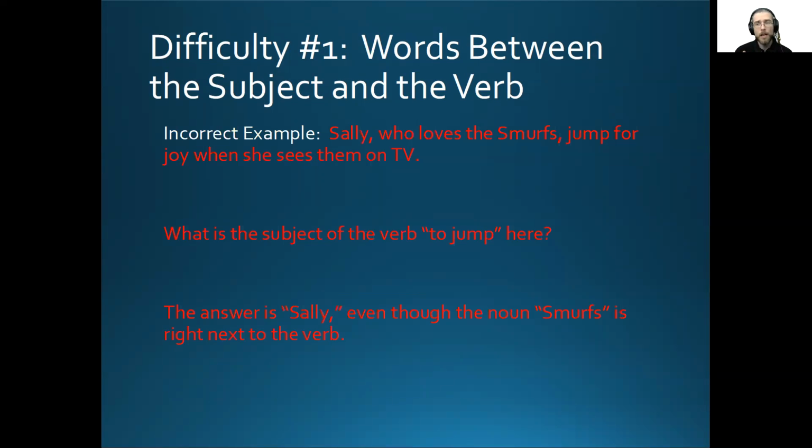So the subject of the sentence is Sally, even though the noun Smurfs is right next to the verb. So make sure when you're looking through your sentence that you're connecting the verb to the right subject. A corrected version of that sentence would be, Sally, who loves the Smurfs, jumps for joy when she sees them on TV.